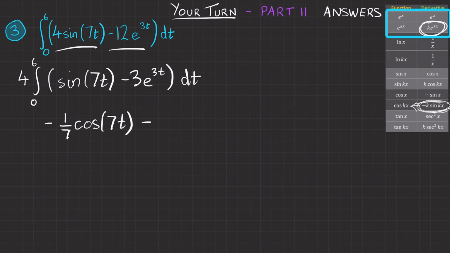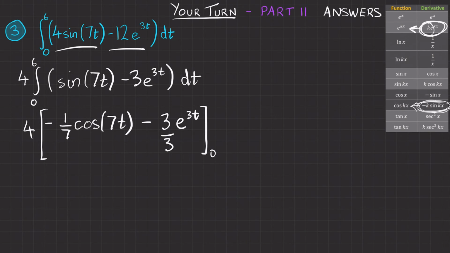We're looking at this one, and it's going to go backwards or integrate to this one. So the e to the 3t stays the same. However, this constant, we're going to divide by the coefficient of the power. So we'll have 3 divided by that 3 up here. And all this is being multiplied by 4 and bounded by the points 0 and 6.